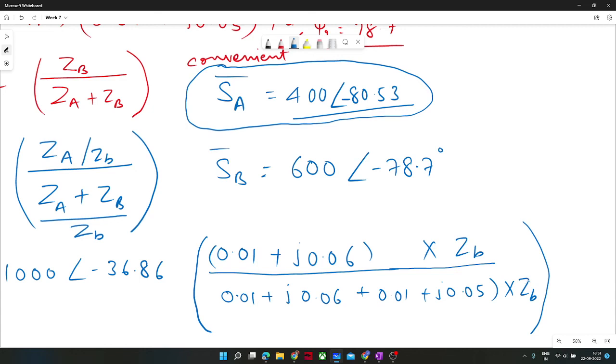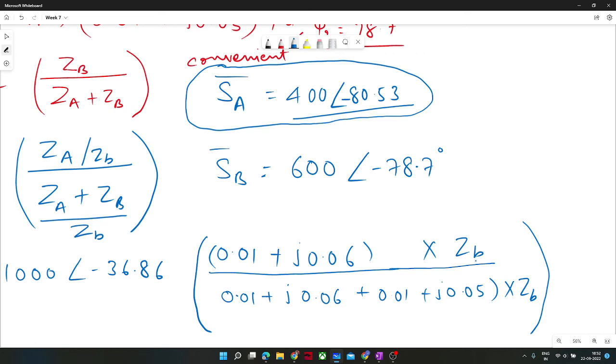Sir, the base value of transformer 2 will be different. Sorry, your voice is not coming properly. Can you speak? Sir, the base value of transformer 2 will be different. That is for a different case, not here. If you want the same power factor, then you can apply that. Here I am not doing ZA per unit equal to ZB per unit.